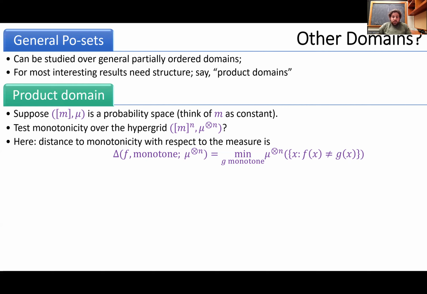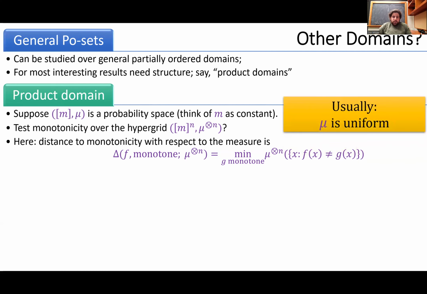So the distance between f and monotone with respect to a measure mu is the minimum over all monotone functions g of the measure of the set of points x on which f and g differ. Usually you should think of mu as uniform, but it's not always going to be the case, and I'm going to mention when it is not.